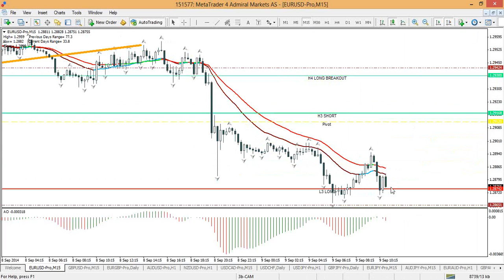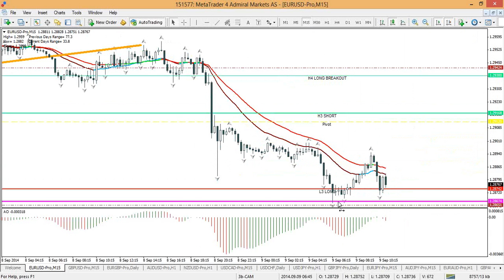I wouldn't personally go short in here because, well, it's pretty close actually. It is almost breaking out as we speak, in fact. But to be very precise, I would rather wait for a break of this bottom.